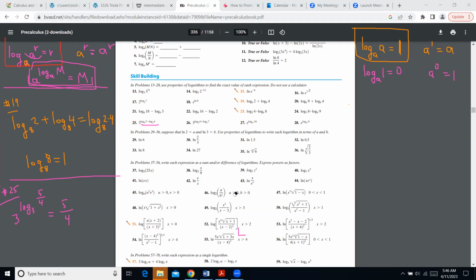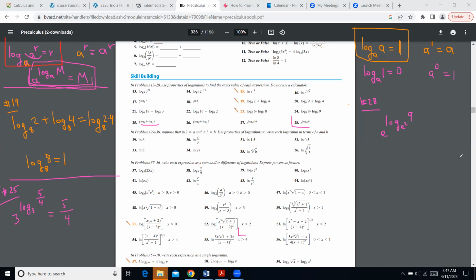So let me try another exercise. How about problem number 28? In this exercise 28, we have e raised to the power of logarithm. And now look at this base. It's e squared, taken of number 9.